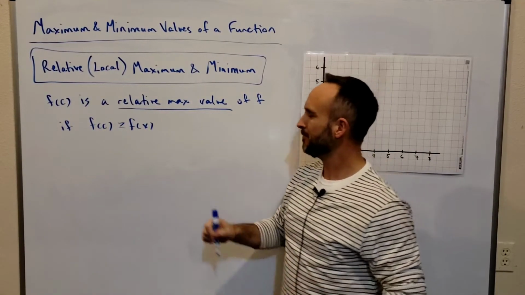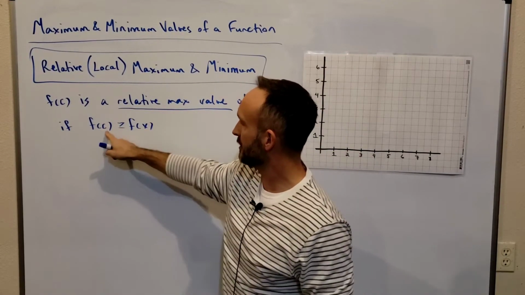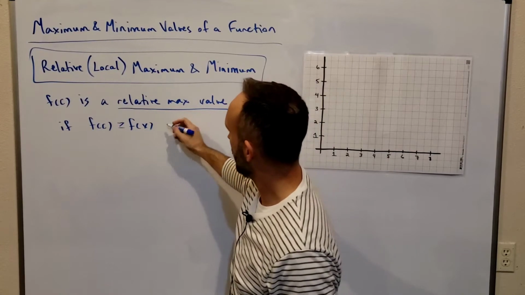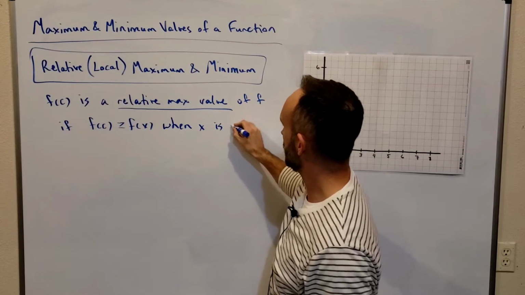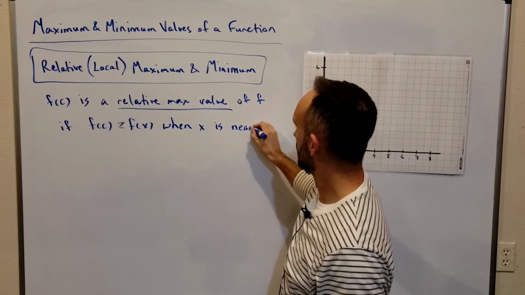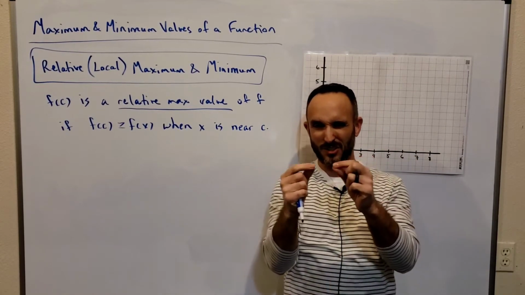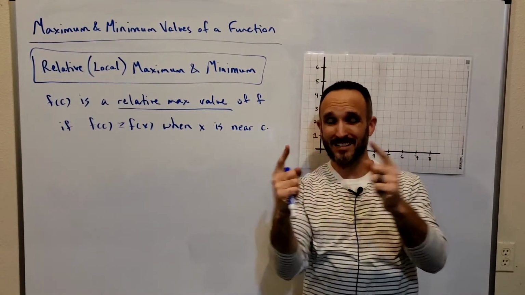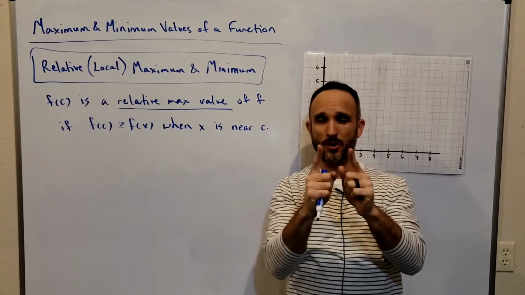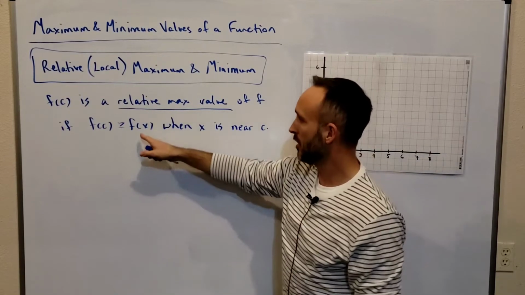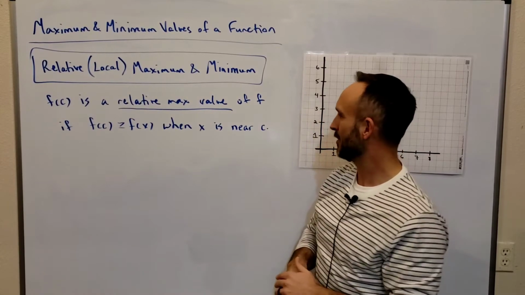So now we're looking at x values that are close to c. So if f of c is greater than or equal to f of x when x is what we call near c, meaning sufficiently close. If you get close enough to c, and from both sides, that's important. You have to get close to c from both sides. The outputs of all those x values that are close to c are smaller than or equal to the output at c, okay?